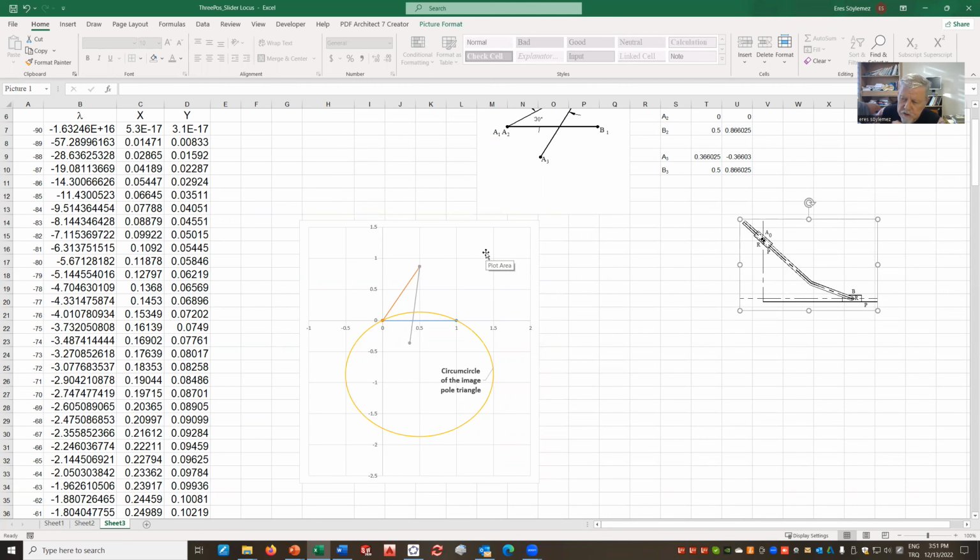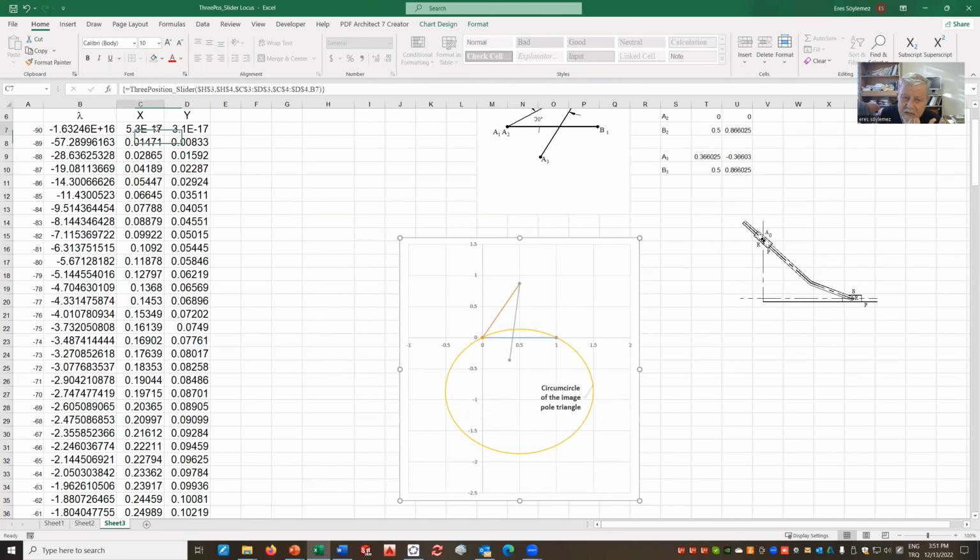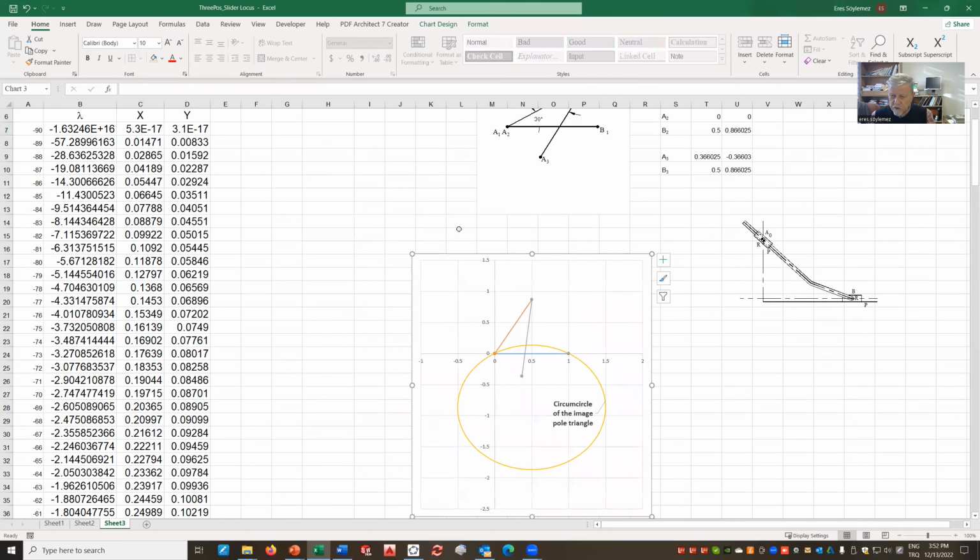If I invert the motion, that point, if I keep moving body fixed, release the fixed body, in that case, this slider is going to slide along this line. So I can use the same function, three-position slider function, and obtain that circle by inverting the motion.